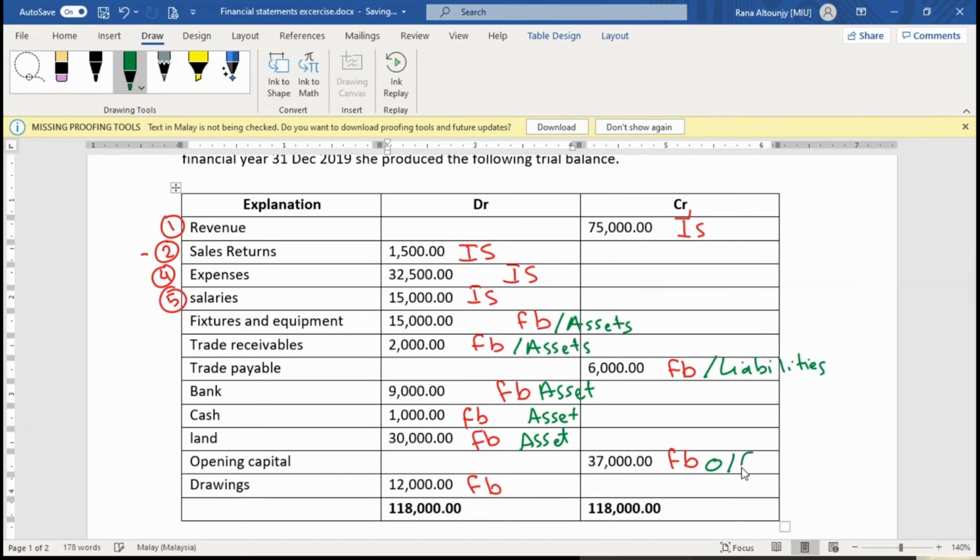It is owner's equity. Then we have the drawings. Is it asset, liability, or owner's equity? Yes, good, it is equity.